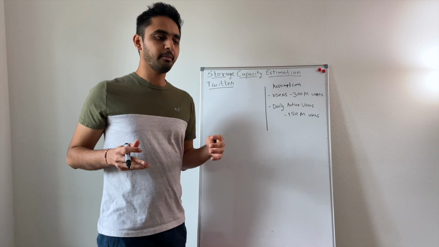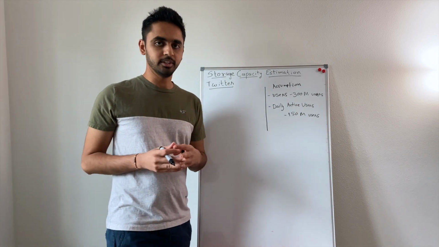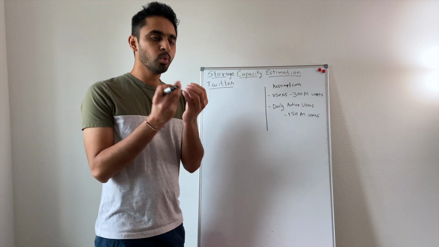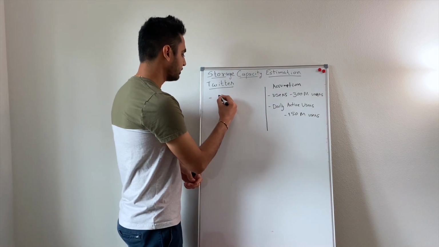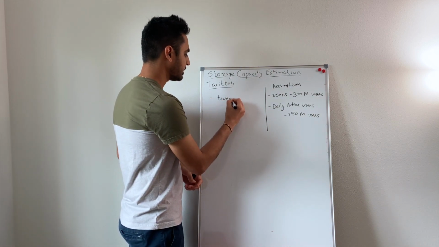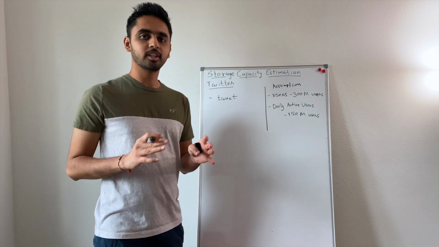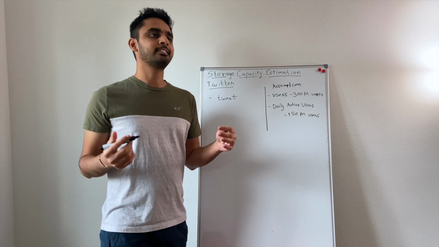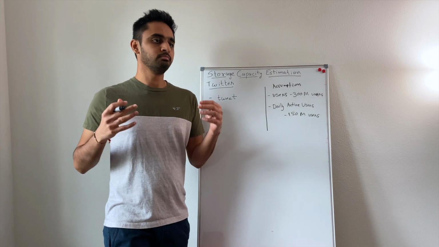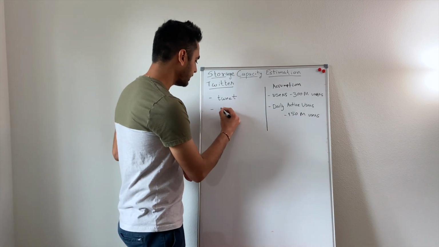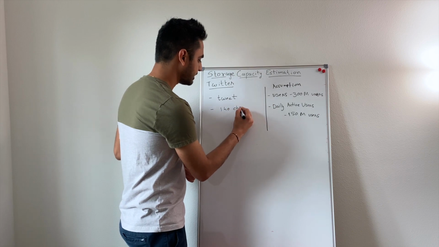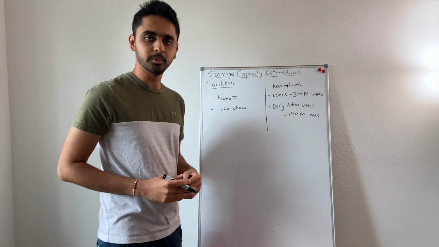What is the third step in any capacity calculation? The core content of the application. Here the core content is one tweet. Now you will ask, what is the content size in Twitter? Usually Twitter has a limit of 140 characters per tweet.